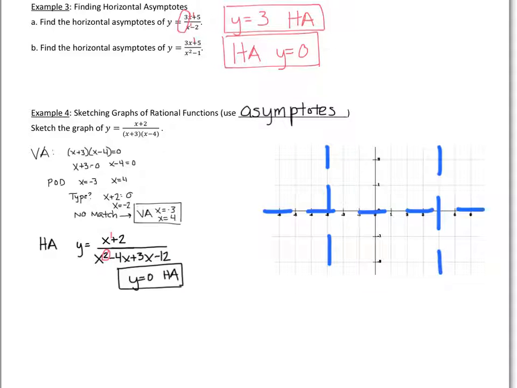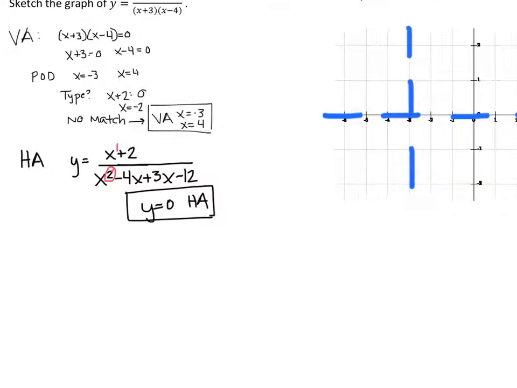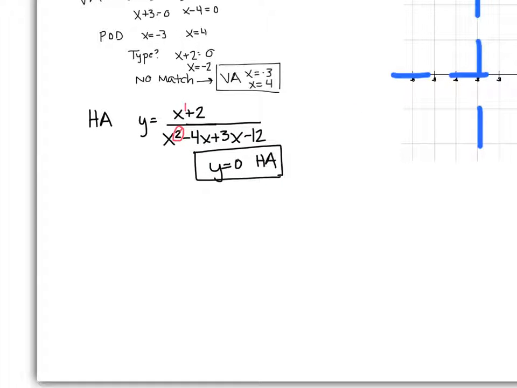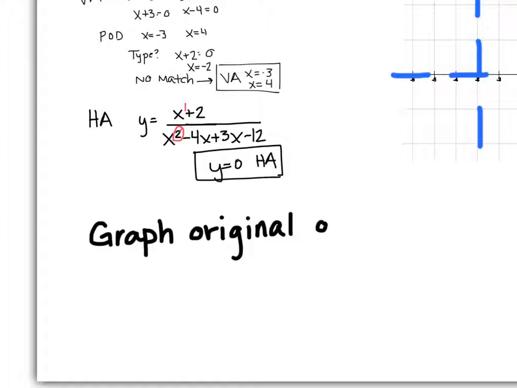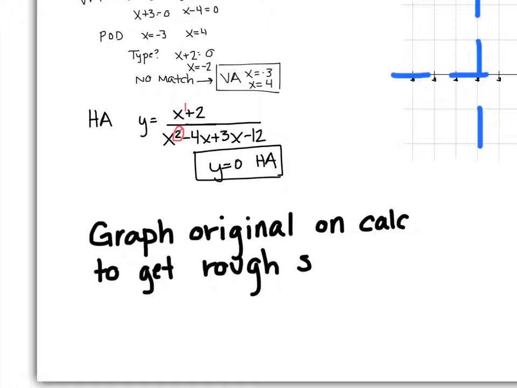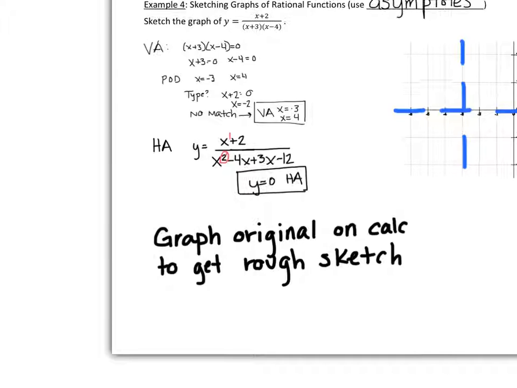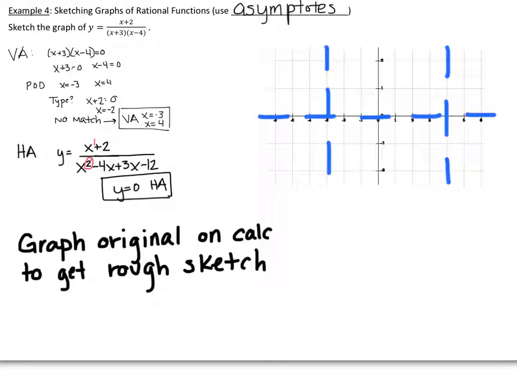Alright, so you see how the graph is going to be broken up. But what does the graph actually look like? Well, you need to look at your calculator. So graph the original equation on your calc to get a rough sketch. Make sure you watch the calculator actually graph it.